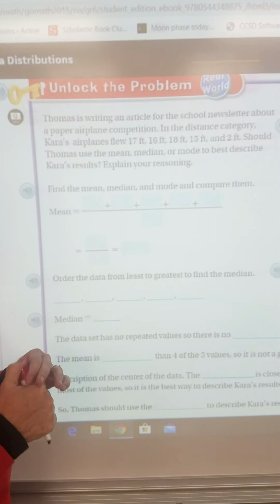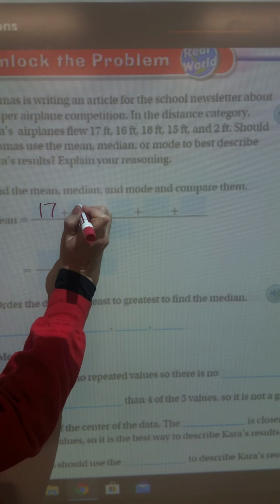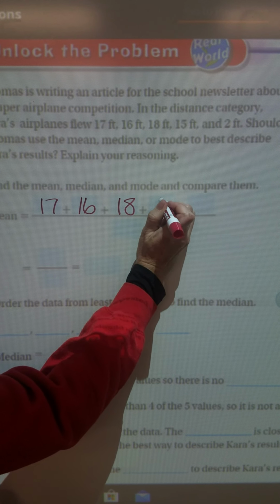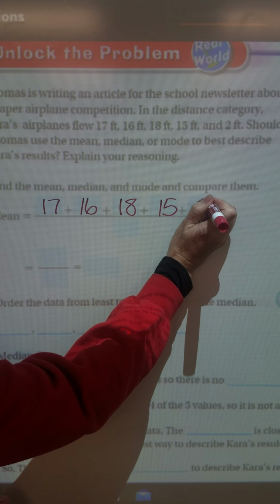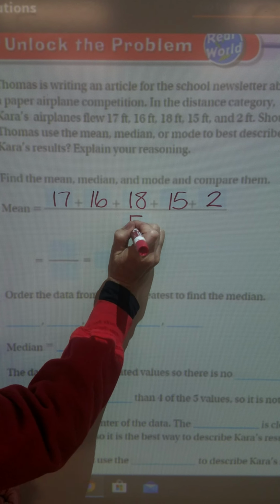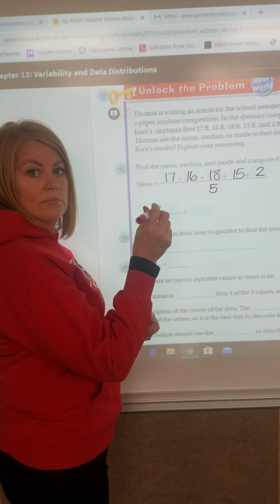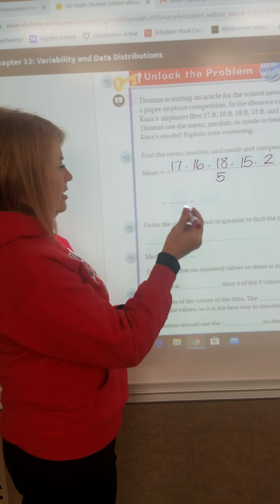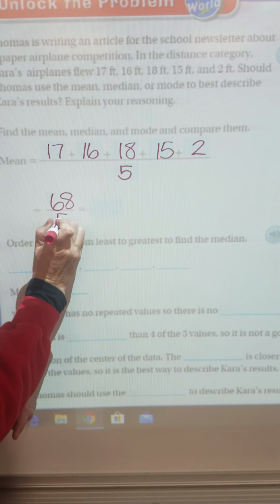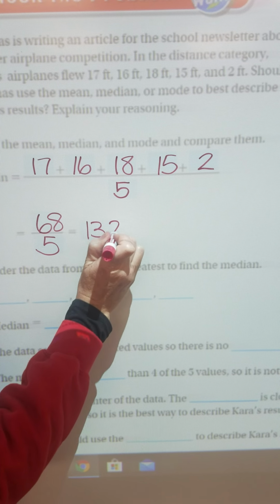Okay, so the mean, we're going to add all those data values together. 17 plus 16 plus 18 plus 15 plus 2, and we're going to divide by 5. So adding all those together, that is 68 divided by 5, which is 13.2.